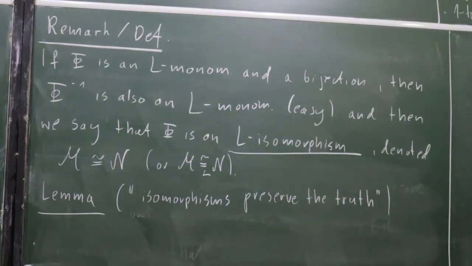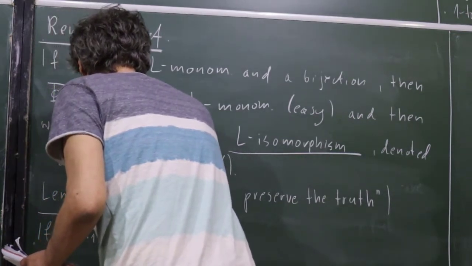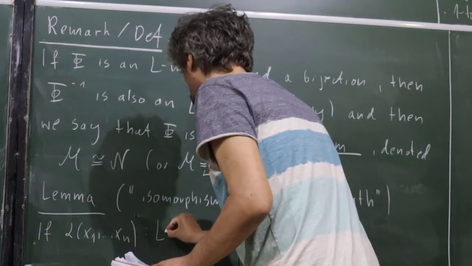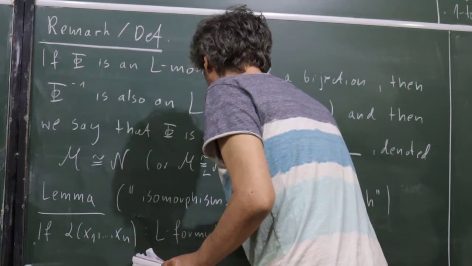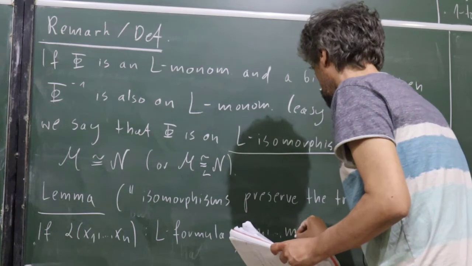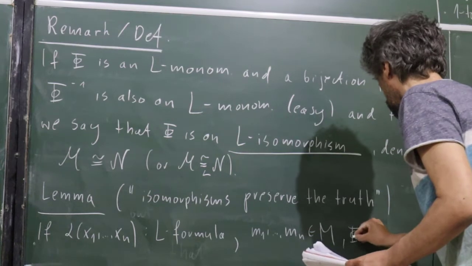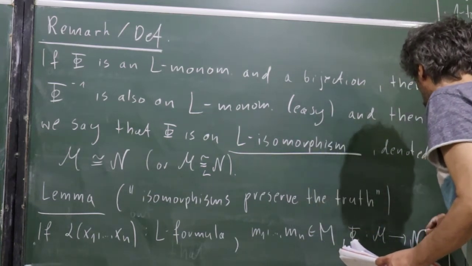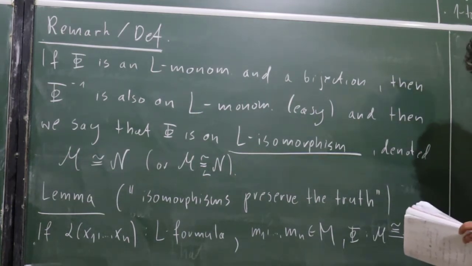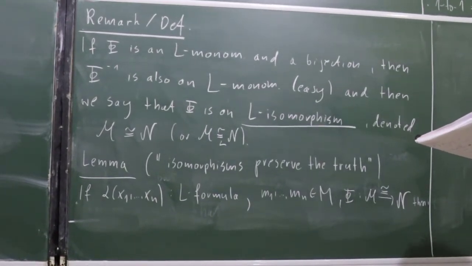Okay, so the formal statement is, if we have a formula with some free variables, and elements in the first structure, and psi is this isomorphism in this sense, then it kind of preserves the satisfaction of this formula.